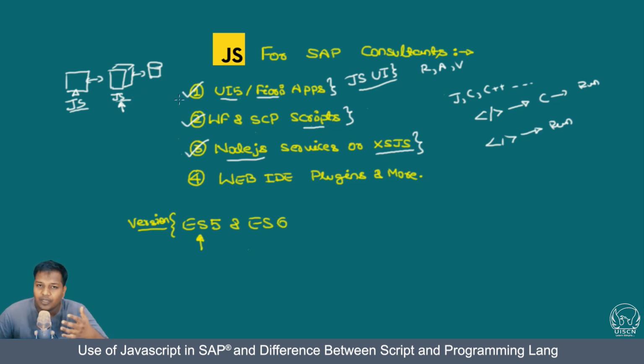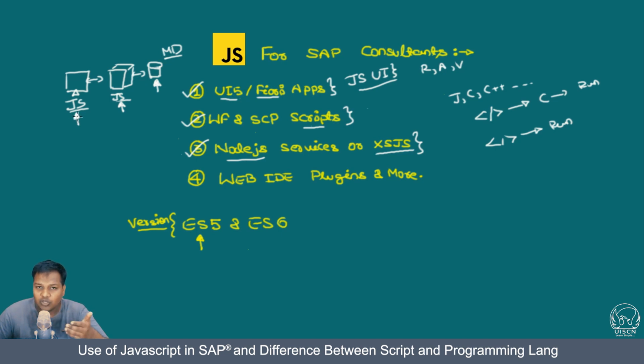Now, we do have services present in SAP Cloud Platform like MongoDB, and the MongoDB database stores JSON objects. So you can more or less say that it is also what a JavaScript developer will be carrying out. Mostly when we talk about JavaScript, you will see less use in the database, but more and more use in the front end.